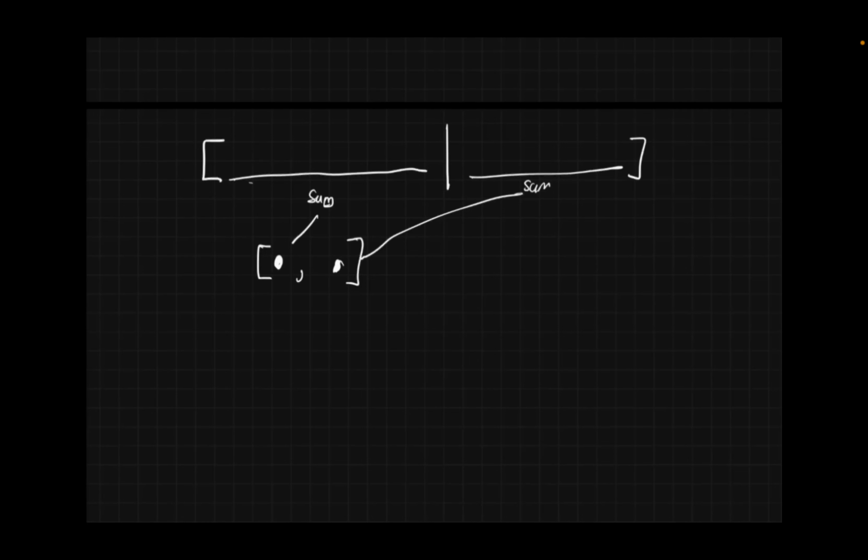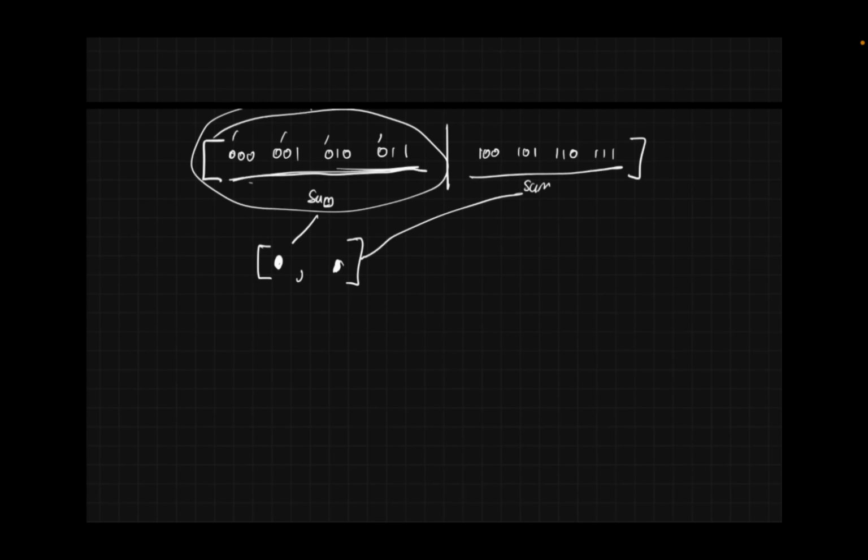But this first one here, these are all the places where a is equal to 0. So a is 0, a is 0, a is 0, a is 0. The second one is where a is equal to 1. So another way to get this half is basically just partially evaluating at a equal to 0.